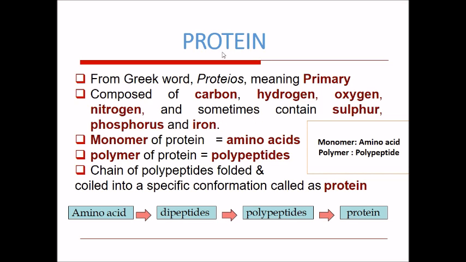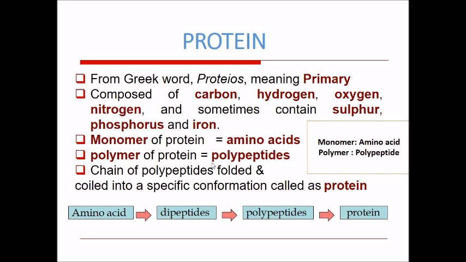And the protein, similar to carbohydrates, has a monomer and also a polymer. The monomer state, which is the building block of the protein, is known as the amino acid. And the long chain of amino acids, which will produce the polymer of the protein, is known as polypeptides.